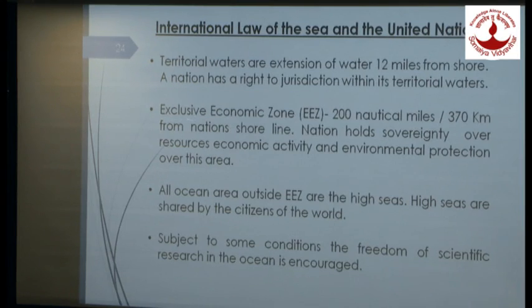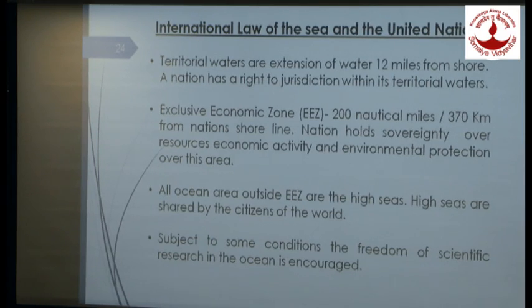Second is the exclusive economic zone, 200 nautical miles or 370 kilometers from the nation's shoreline. Nations hold sovereignty over resources, economic activity and environmental protection over the area. So it's also the duty of that country to protect the environment. There should be no pollution or misuse of that area.